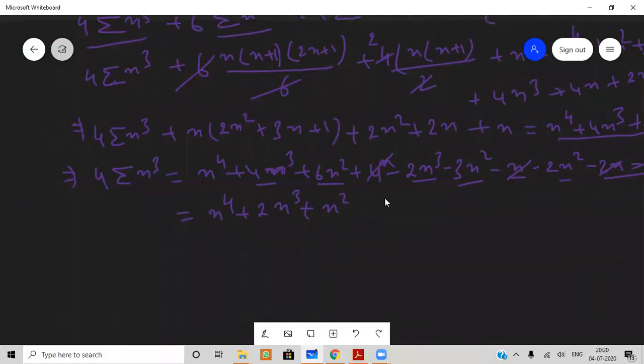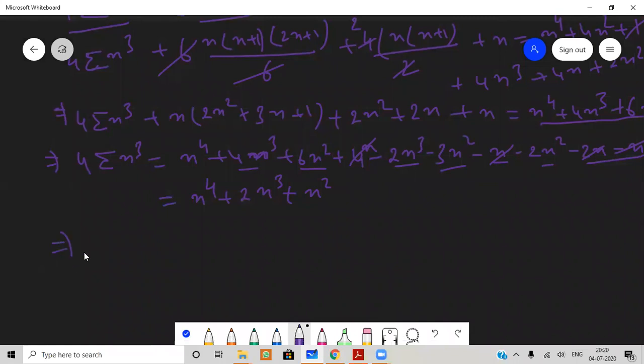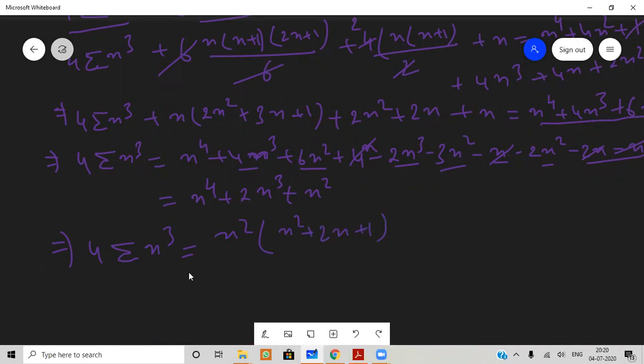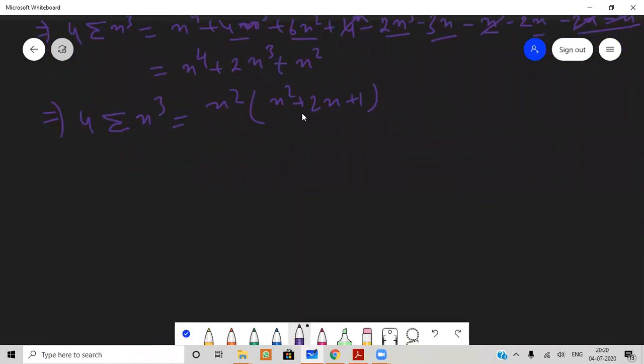All right. So what we are getting is almost done. So we're getting 4 times summation of n cube is equal to, I can take n square common here, and this becomes n square plus 2n plus 1. Can we factorize? You see, this is n plus 1 whole square.